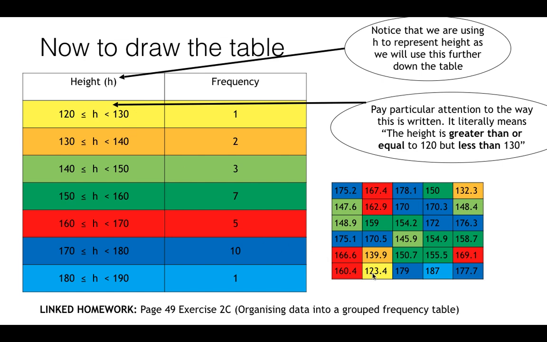That means we only have one person in this group. The next group has two people, 130 up to but not including 140 centimetres. Well, this person here is included because they're 139.9. But anyone who was 140 centimetres would not be included in this group. They would go into this next one, where height is greater than or equal to 140 centimetres.